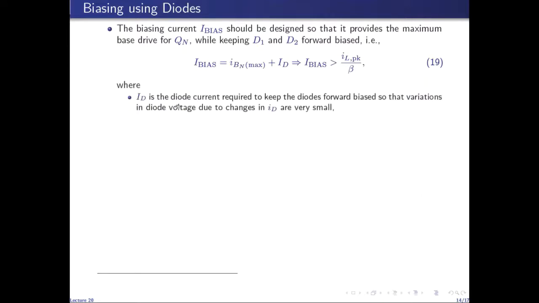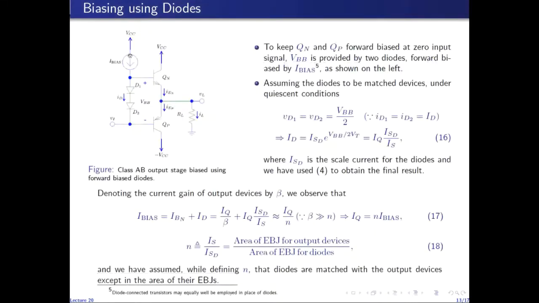So like I said, ID is the diode current, which is required to keep the diodes forward biased, in such a way that the variations in the diode voltage due to variations in the diode current are small. The base drive will vary, and I bias is provided, at least in this circuit, by a constant current source, so I bias is constant. So when the base drive varies, this current will vary.